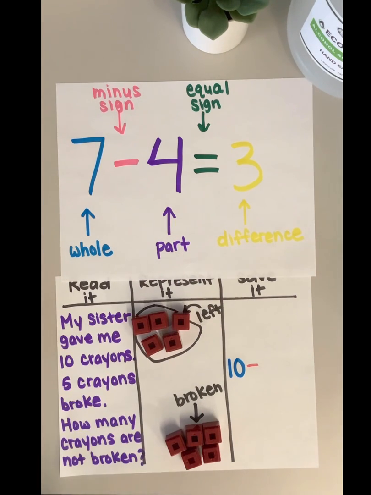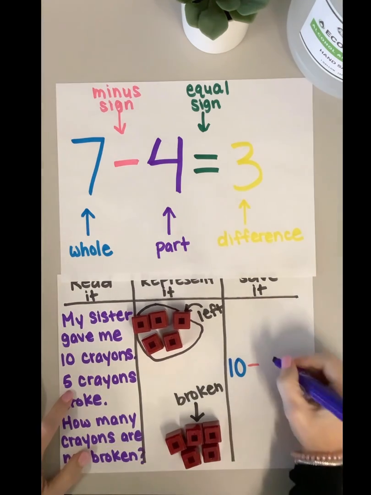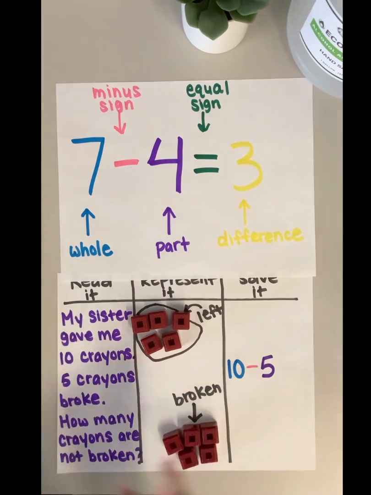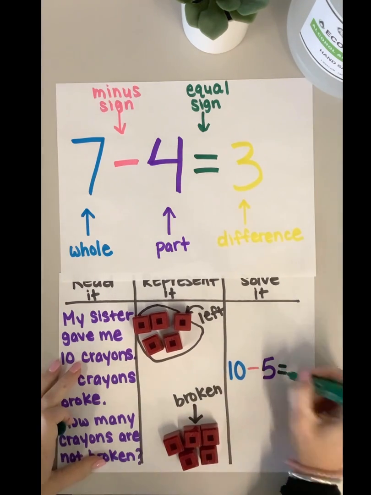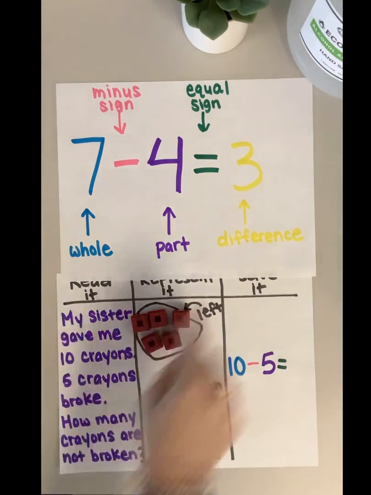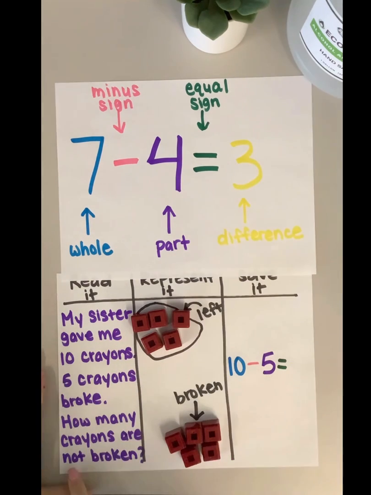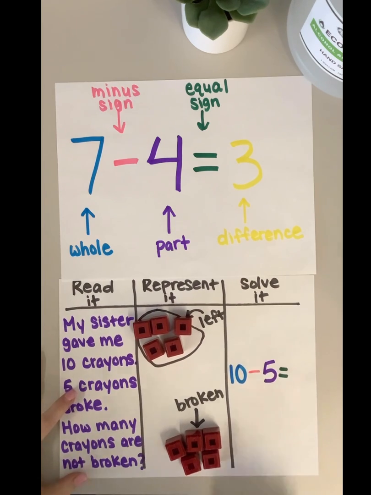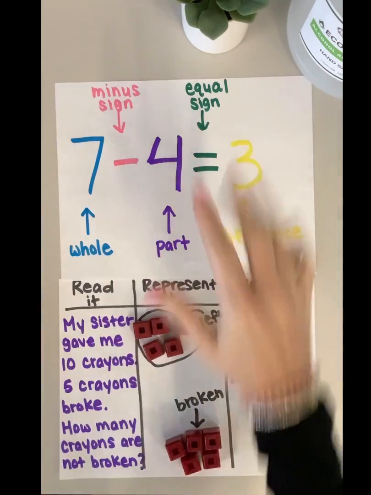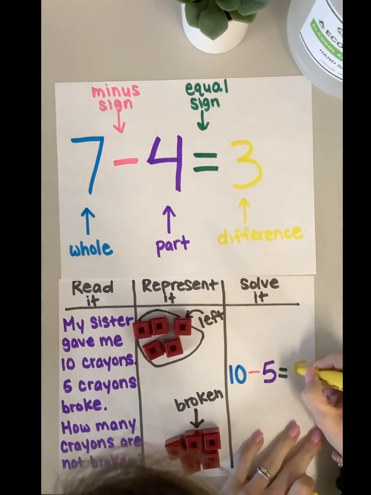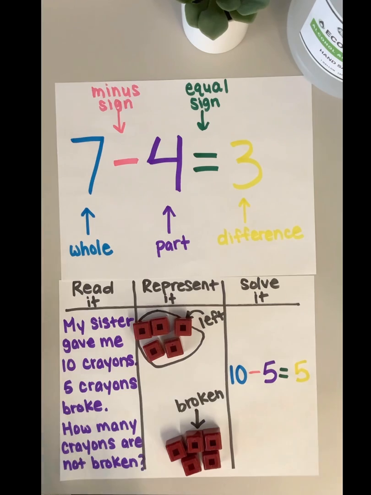How many broke? 5. I know I need my equal sign because we're about to solve it. Now my difference is how many are not broken. That's my answer. How many crayons are not broken? How many are left? 5. Great job.